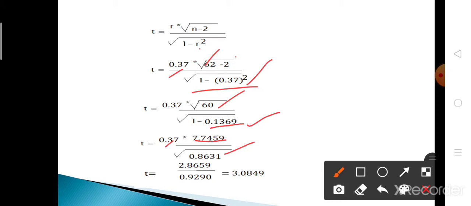Now 0.37 into 7.7459 is 2.8659, and the square root of 0.8631 is 0.9290. Then 2.8659 divided by 0.9290 is 3.0849. So this is the test statistic value.